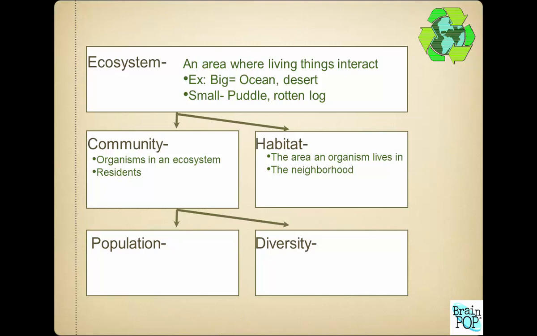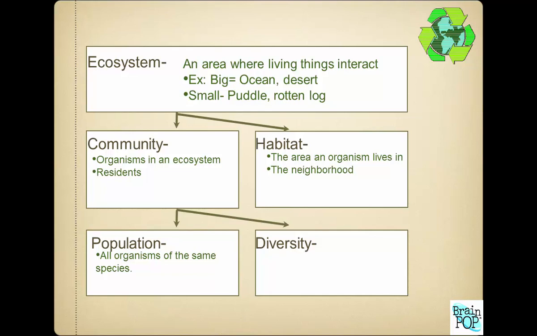If we look further at that community, we can talk about one specific population. And when we talk about a population, we're talking about one specific species. So out here, lots of different types of trees.